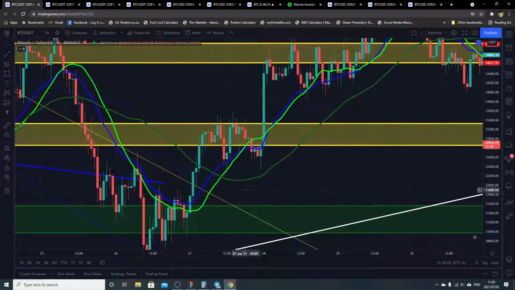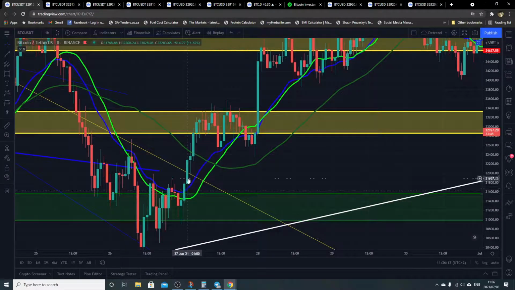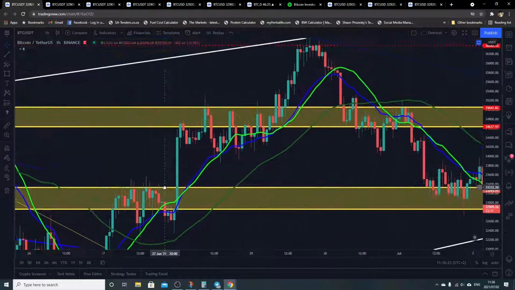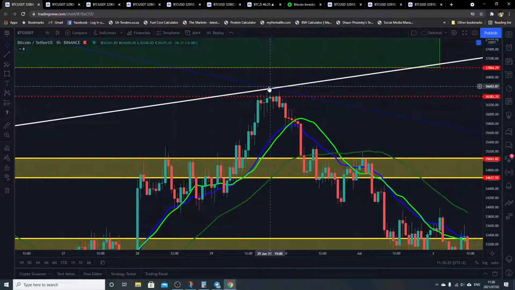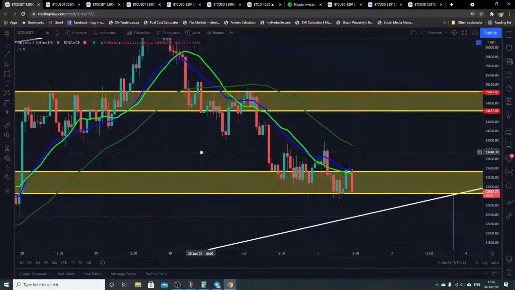Now back a little bit further on the 26th of June, we had the same scenario here, and we had enough buying pressure to allow the price to continue to go up. See, there's a close above the 21 EMA, a candle body close, we can wick down, and that pushed the price up and continued up to the 36,600 price mark.